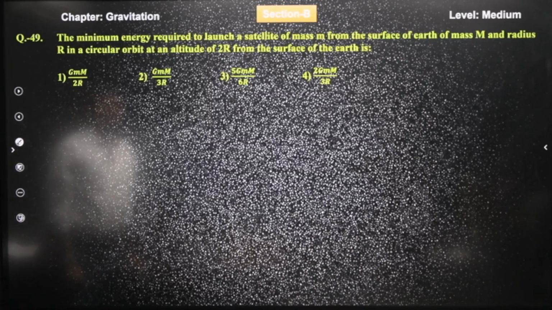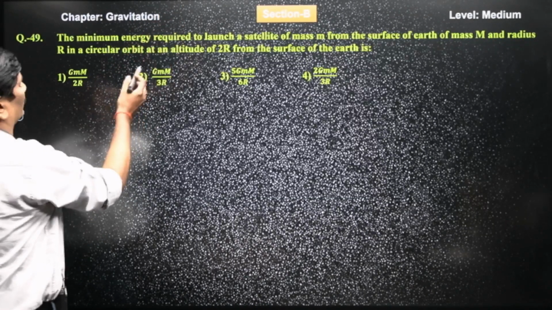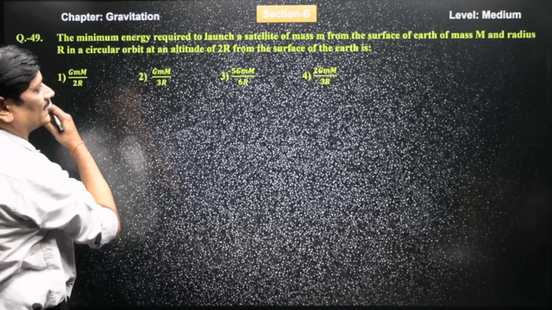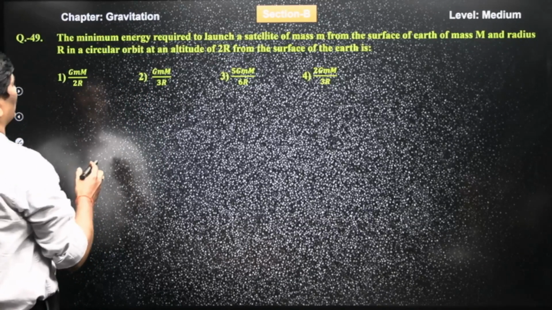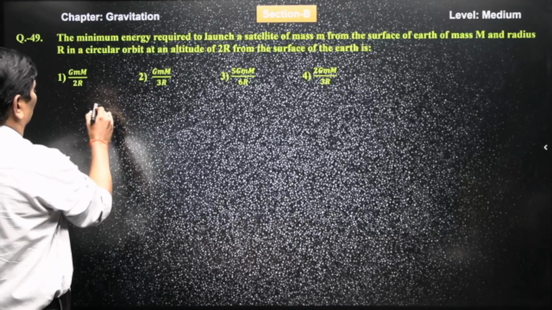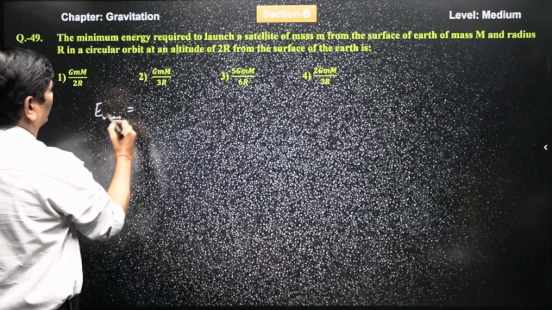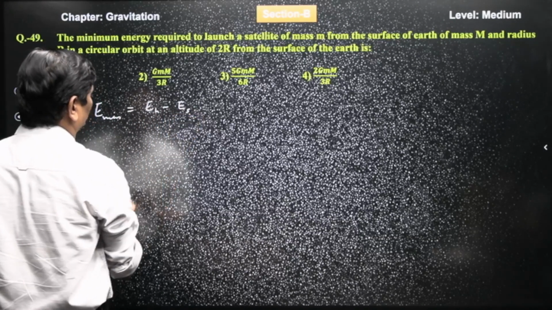See the next one. The minimum energy required to launch a satellite of mass m from the surface. So, the next question is from gravitation. The minimum energy required to launch a satellite of mass small m from the surface of earth, of mass capital M, radius capital R, in a circular orbit at an altitude of 2R from the surface of earth. So, you can write minimum energy is equal to energy at that height minus energy on the surface.